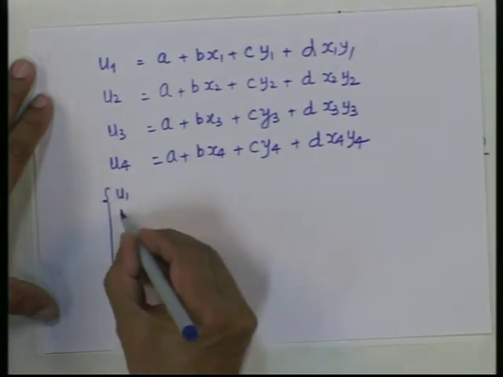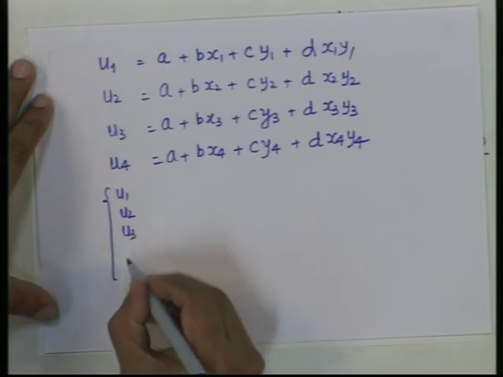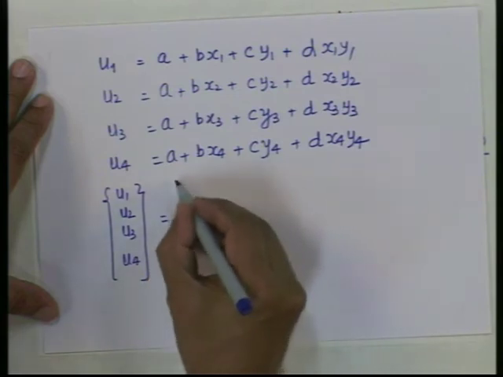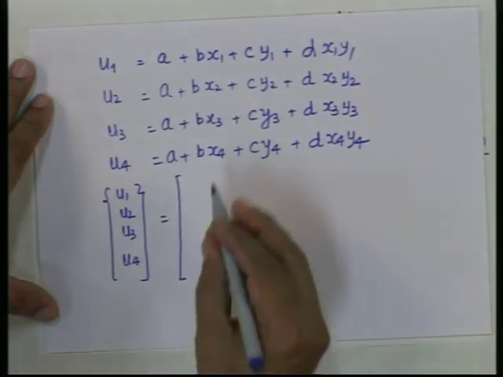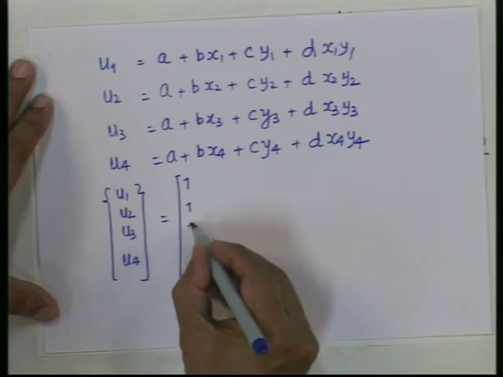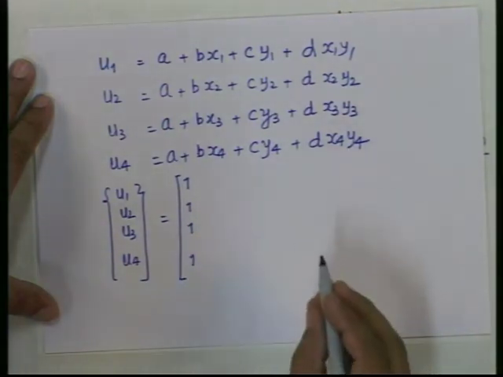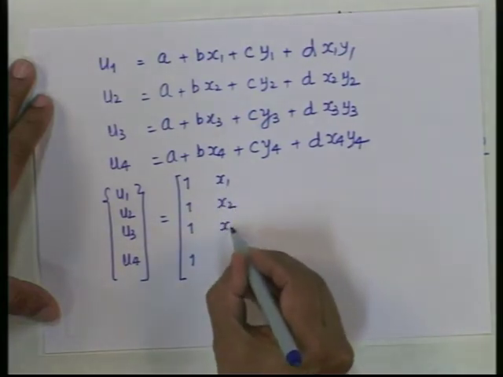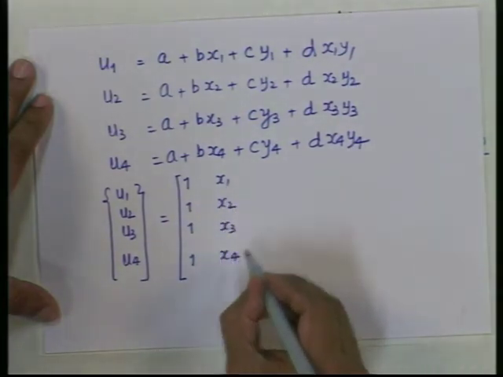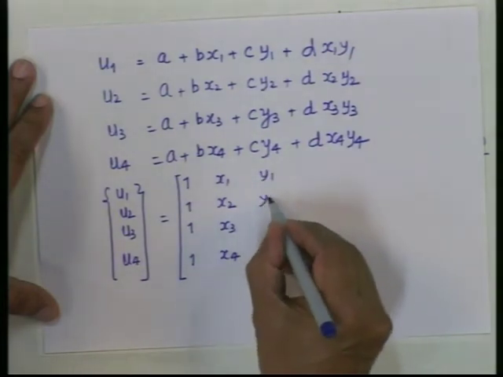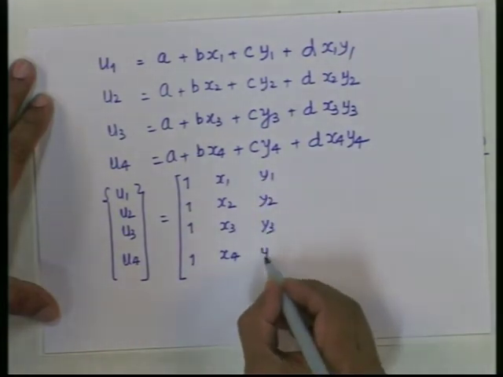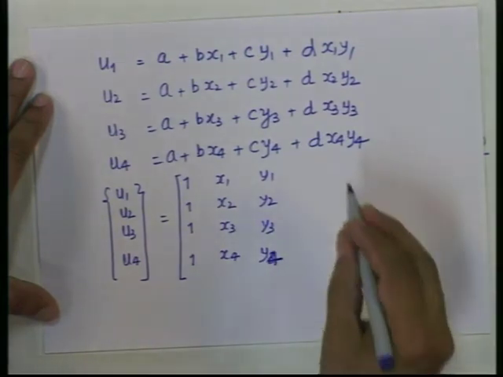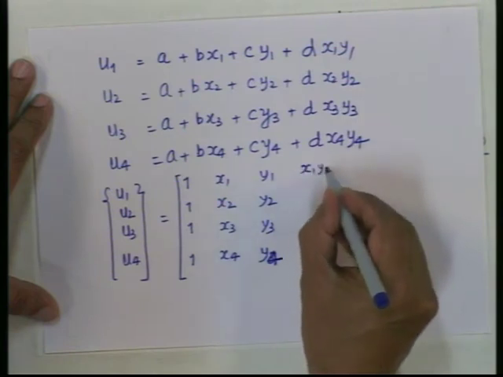This will be all 1, this will be x1, x2, x3, x4, y1, y2, y3, y4, x1 y1.